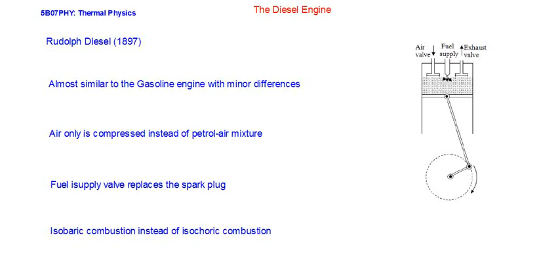Hello. In this session, we will explain the working of another very common internal combustion engine, namely the diesel engine. In the previous lectures, we have explained the construction, working, as well as the efficiency of a gasoline or a petrol engine.